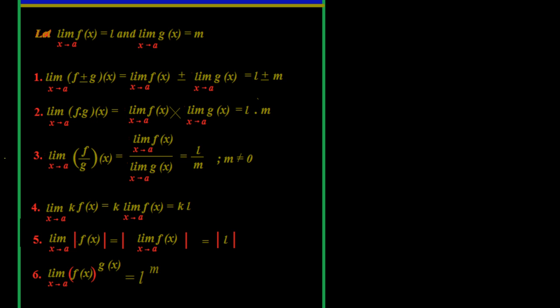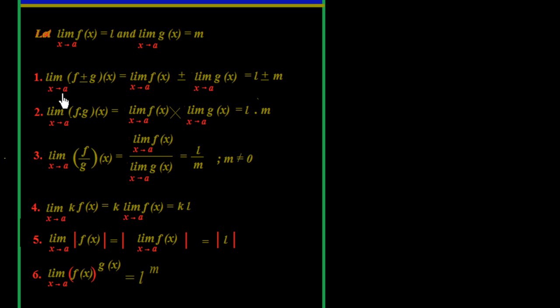here we are taking the limit as x tends to a for f of x is equal to L, and the limit for g of x as x tends to a is m. Now for the first, we see there are two sub-processes: addition and subtraction, both given in one.